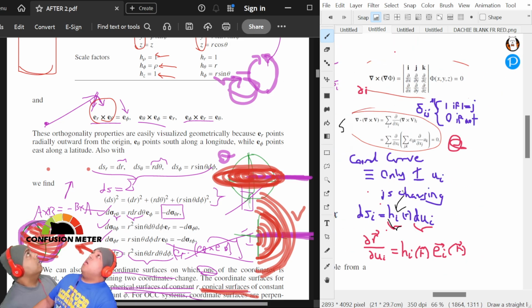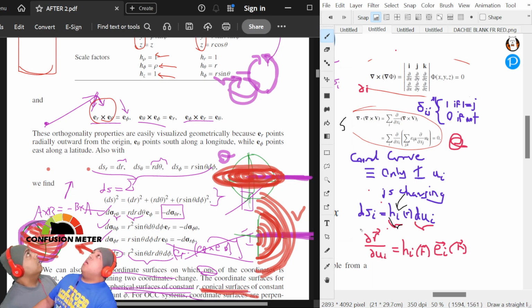Well, let's go back a little bit. So dr, the differential of the position vector, you can break up into the partials with respect to the three different ui, the three different coordinates, three different axes.